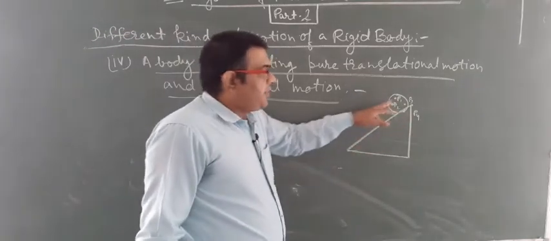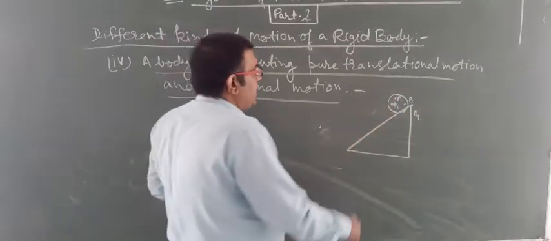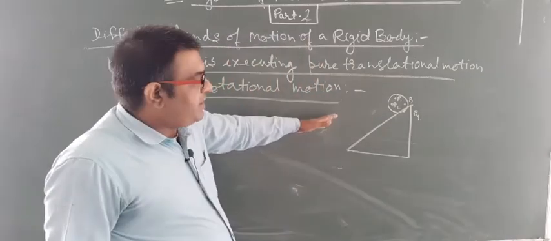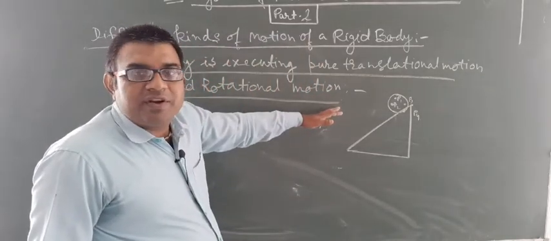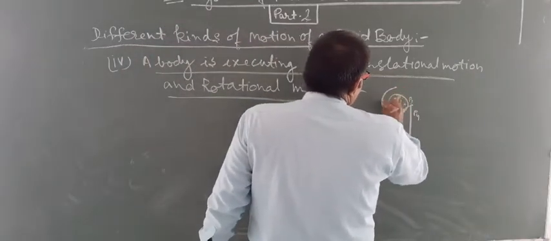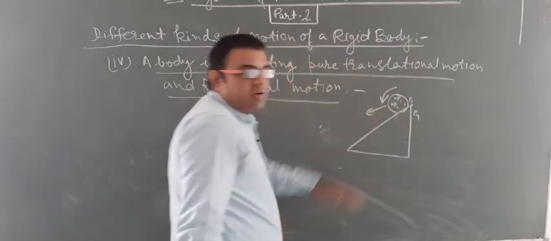Then the different particles have different velocities, and if it is rolled, they have different velocities at different times. Suppose it is moving like this in the inclined plane.